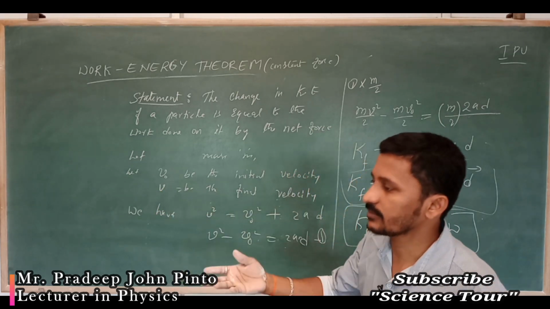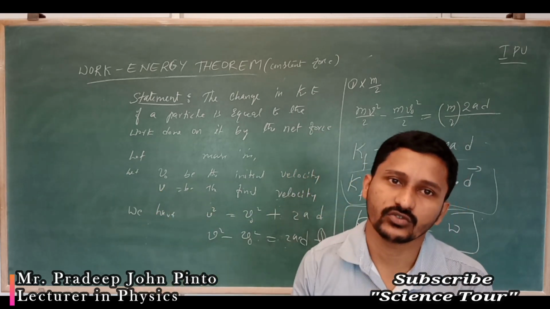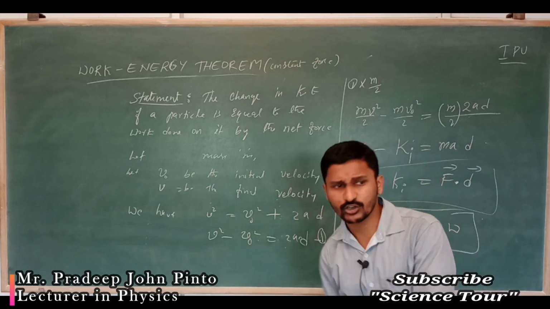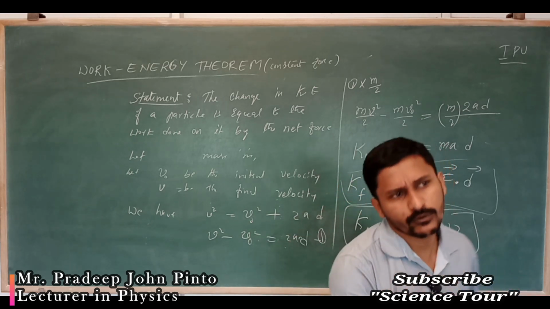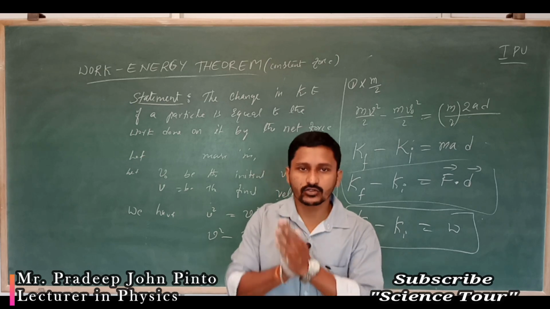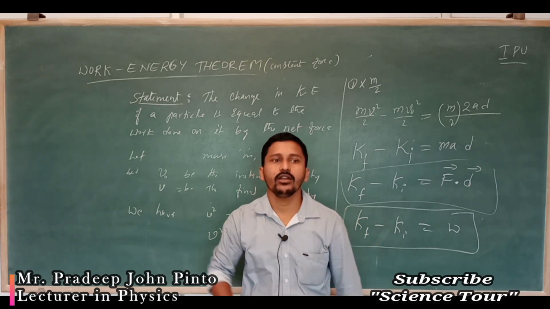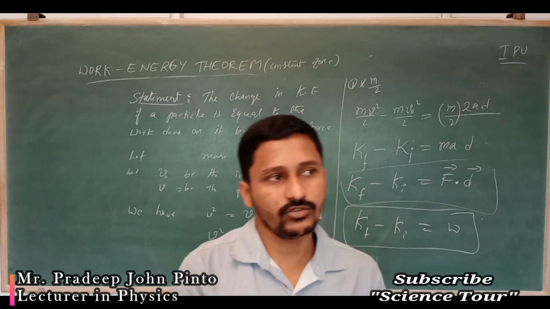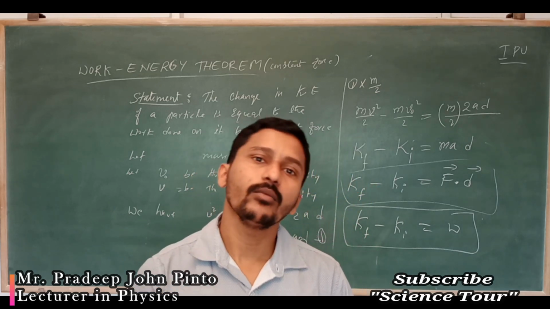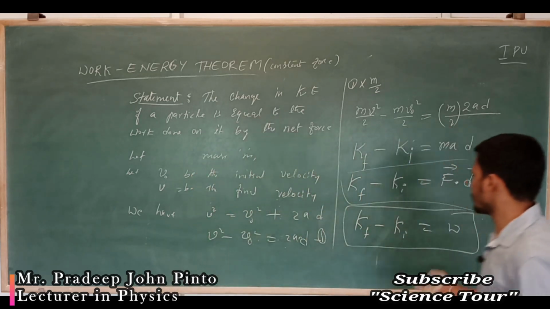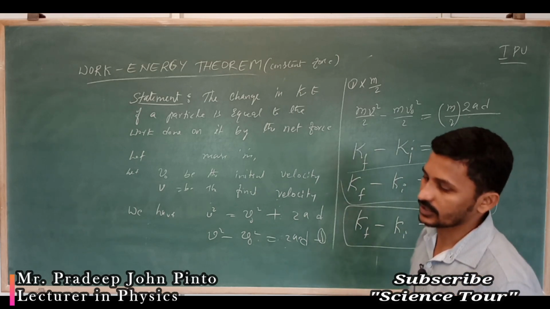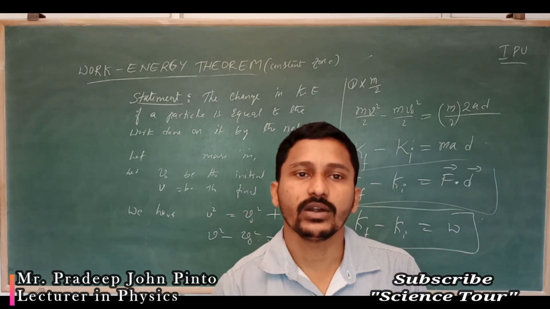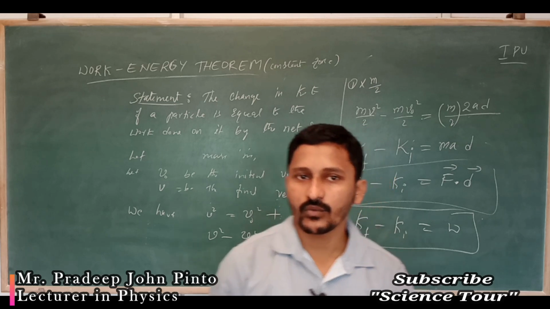The less work I do, the less kinetic energy it gets. The faster I hit the ball, the faster the velocity. If I hit the ball slowly, the work given is less, so there is less kinetic energy. So if you calculate the change in kinetic energy, you can find out the work done.